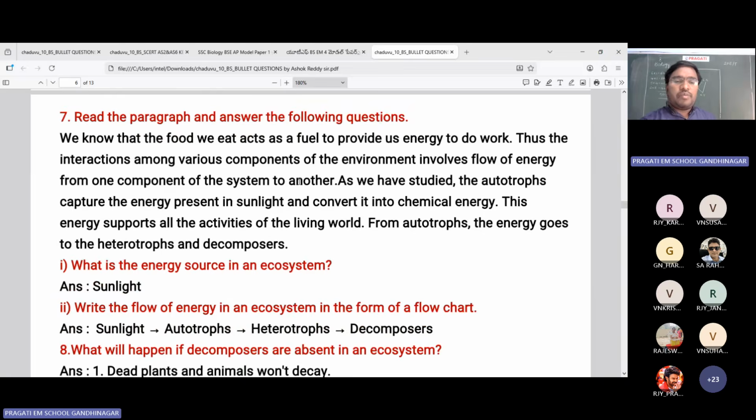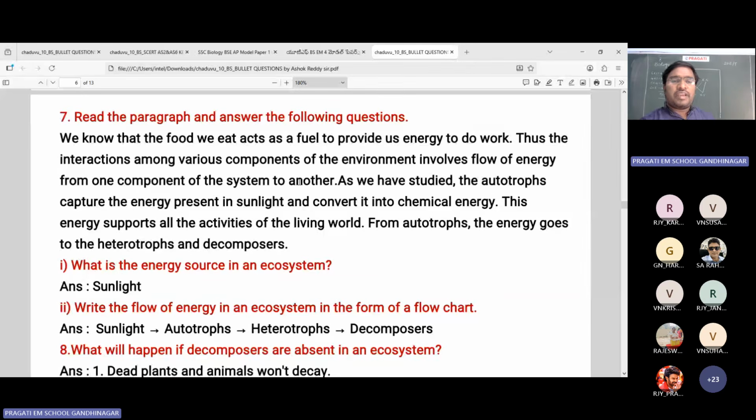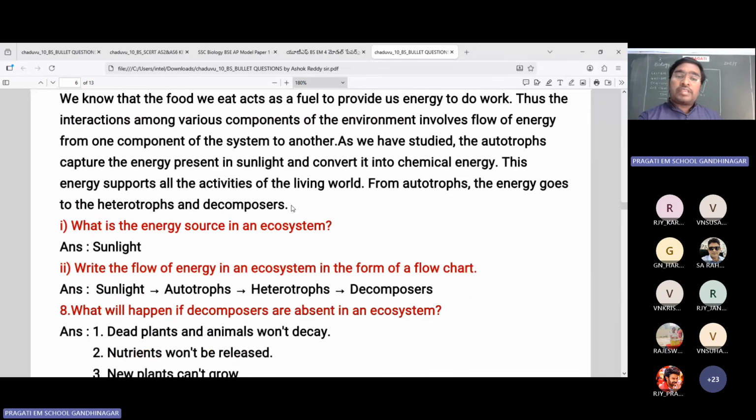from our environment lesson, children. This is also an important paragraph in the textbook. So we know that the food we eat acts as a fuel to provide us energy to do work, isn't it? So the interaction among the various components of the environment involves flow of energy from one component of the system to another, as we know.